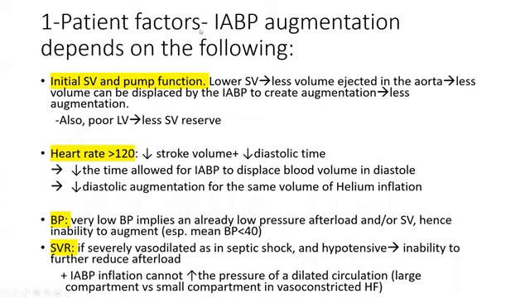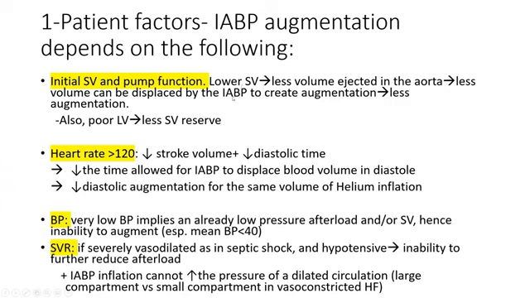So these are the patient factors that explain the poor diastolic augmentation. As I explained, initial stroke volume and pump function. If you have a severely reduced stroke volume at baseline intrinsically, less volume is ejected in the aorta by the LV. Therefore, less volume can be displaced by the balloon pump to create augmentation, and you get less augmentation.